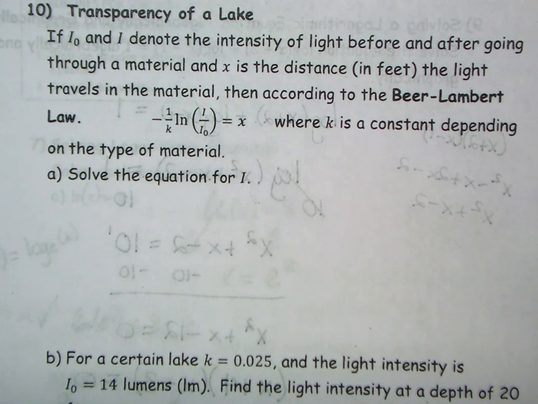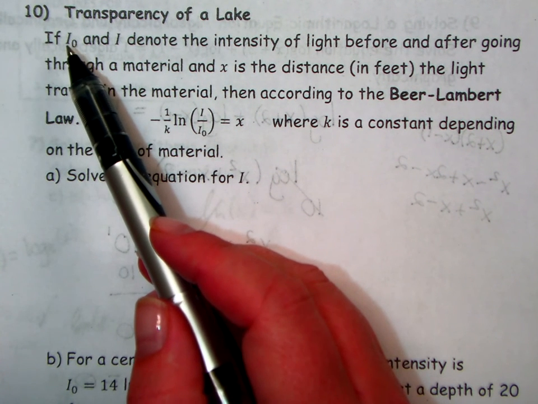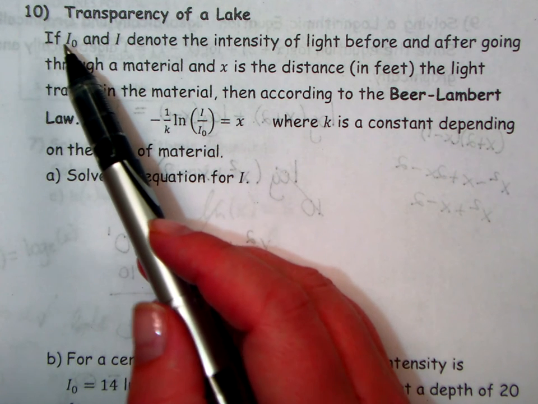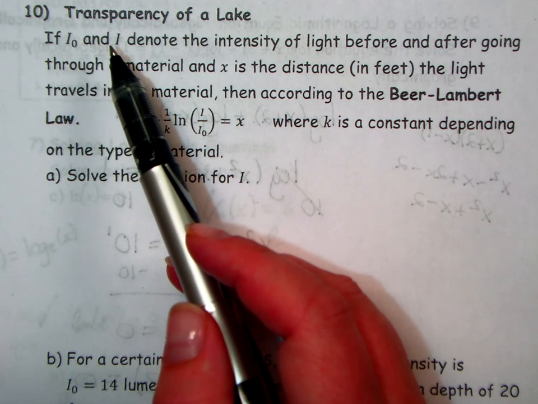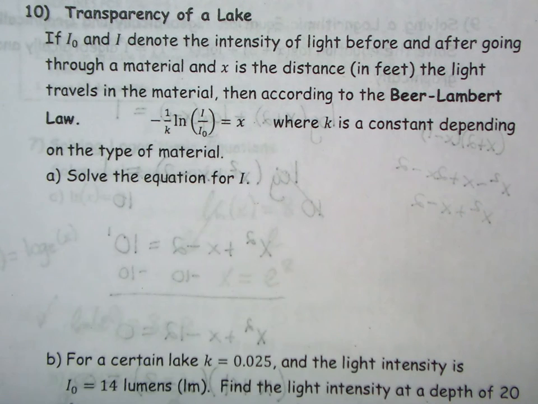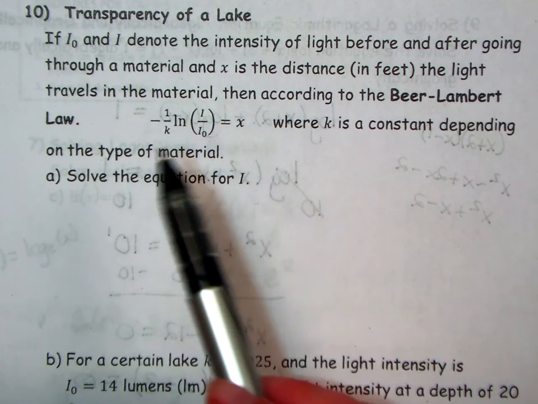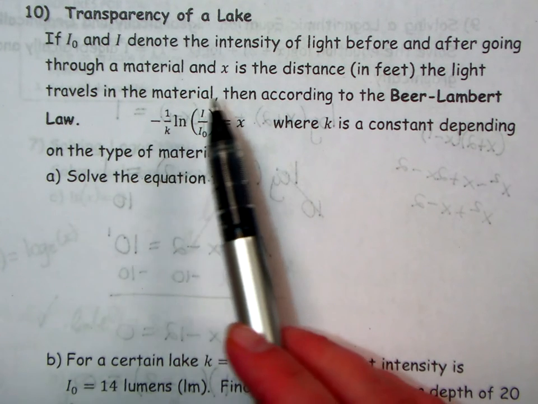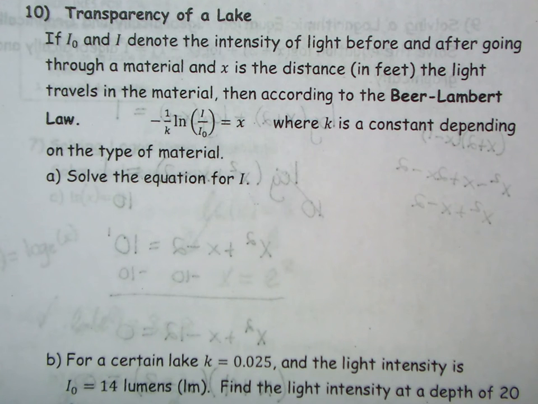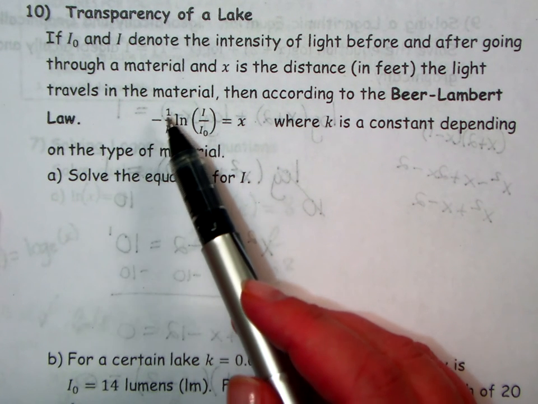So I sub 0 is the initial intensity of the light, so it's brighter initially, and then as it passes through a material, it's going to have an intensity I. X is the distance in feet that light travels in the material, and we have this literal equation here: negative 1 over K, ln of I divided by I sub 0 equals X. K is a new variable in this equation, and K is just some kind of constant.